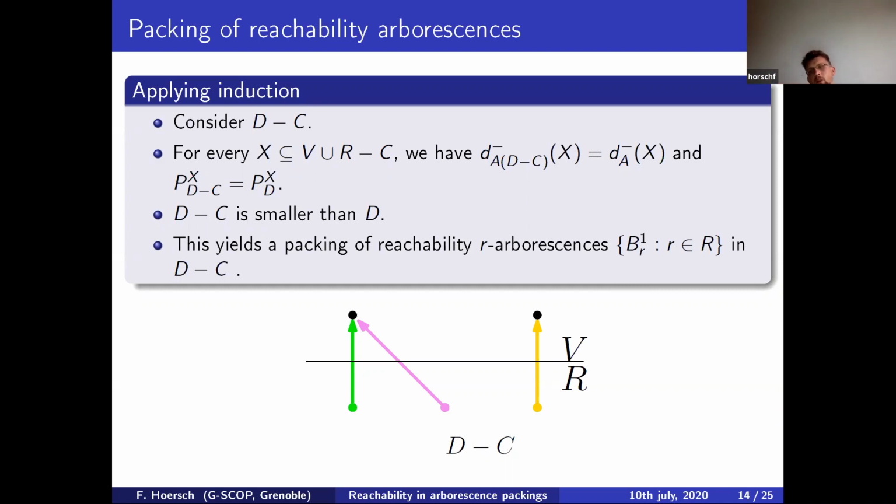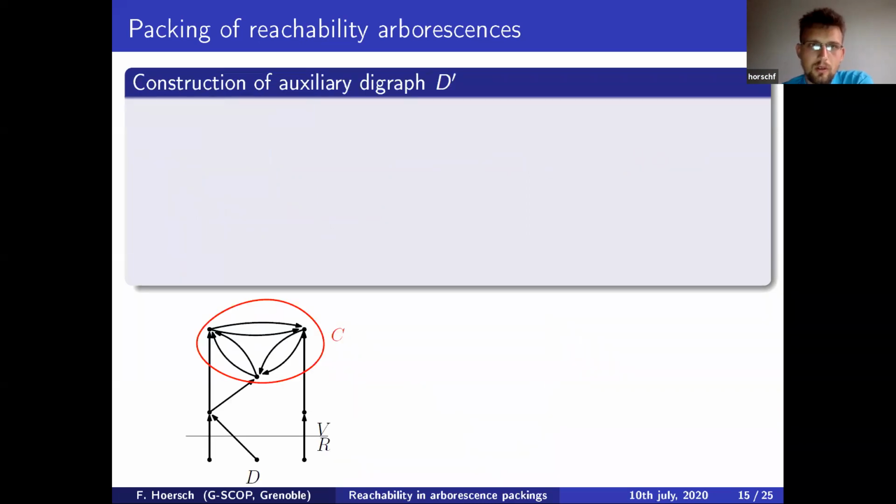Okay. Now, in some way, I have to consider the rest. I have to see how to extend these arborescences to the strongly connected component C. And for that, we need a little construction. We construct a digraph. In that digraph, I want to apply Edmonds' strong theorem to get spanning arborescences.